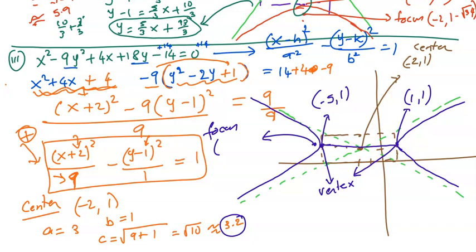Start again. This point is -2. So -2 minus square root of 10, comma 1, because you're going to go square root of 10 to the left and square root of 10 to the right. So my focus is going to be -2 plus square root of 10, and then 1.